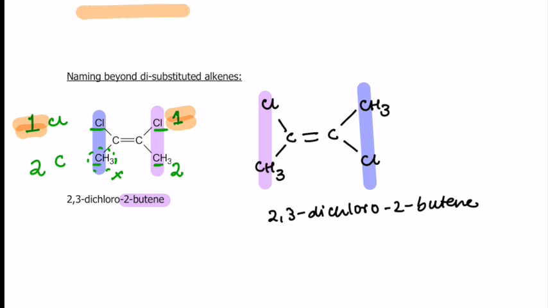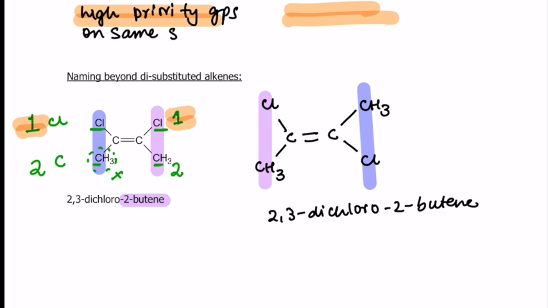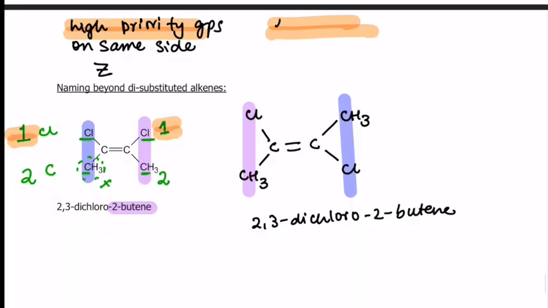In this case, when two high priority groups are on the same side, we give the letter Z, standing for Zusammen, and if the two high priority groups are on opposite sides, we give the designation E, for Entgegen.